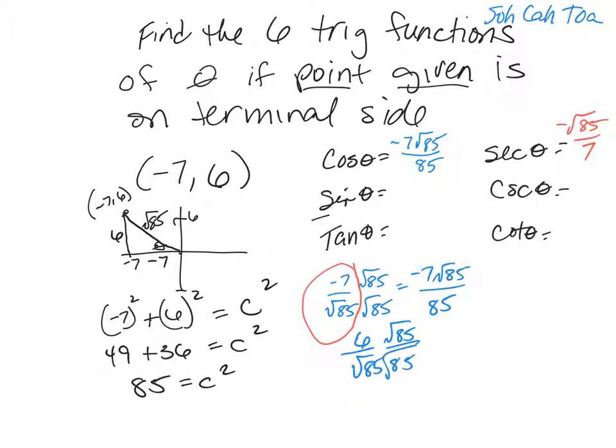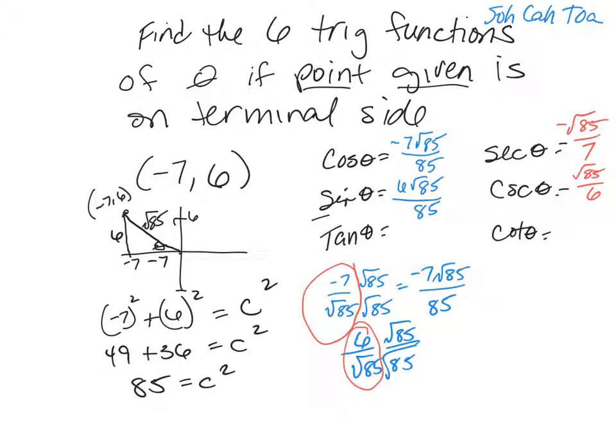And you get 6 root 85 over 85. Now that's positive because the 6 is positive. And for cosecant, you're going to flip this guy, root 85 over 6, because that was the simplest thing to flip. And you don't have to worry about rationalizing that. And that's going to be positive. If the sine is positive, his cousin cosecant's positive. If the cosine's negative, his cousin secant is negative.